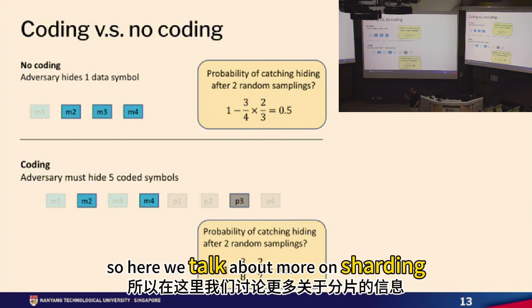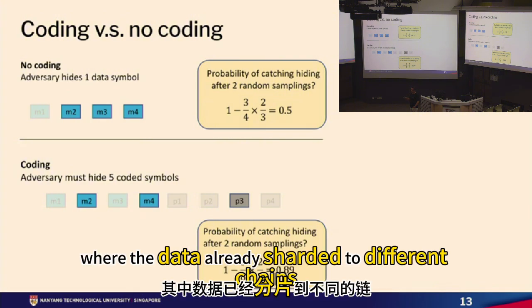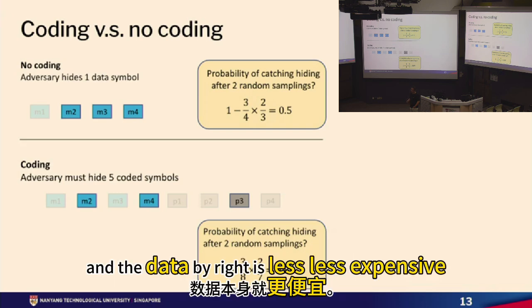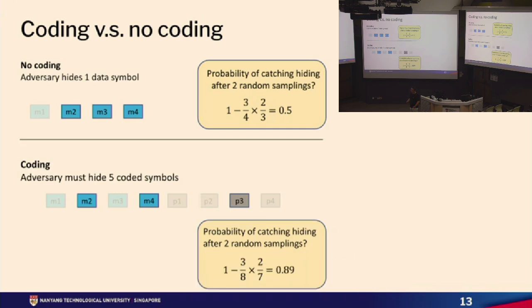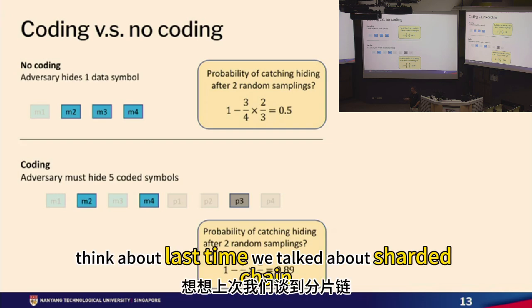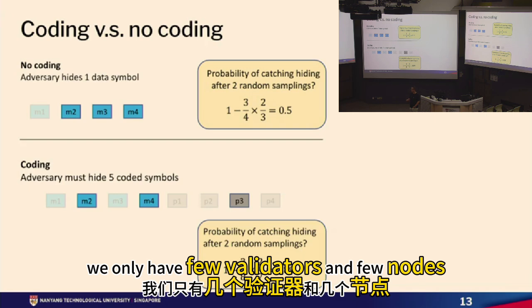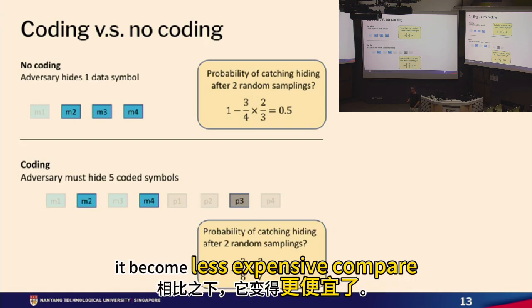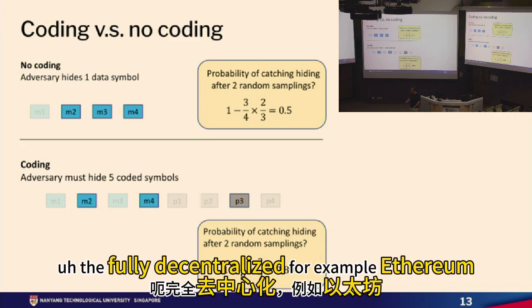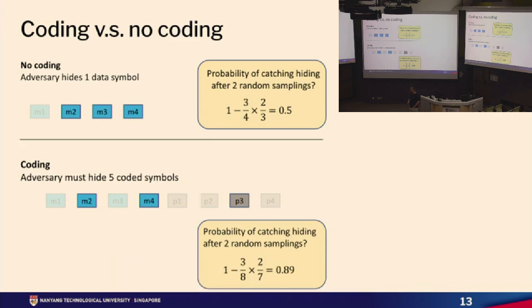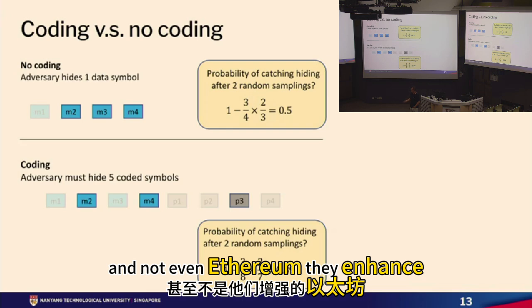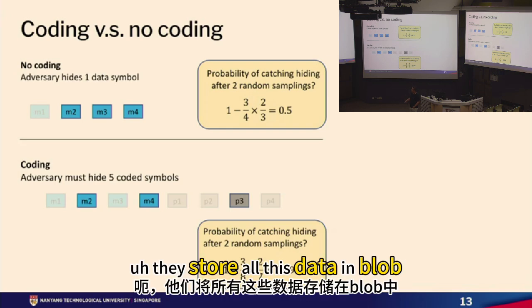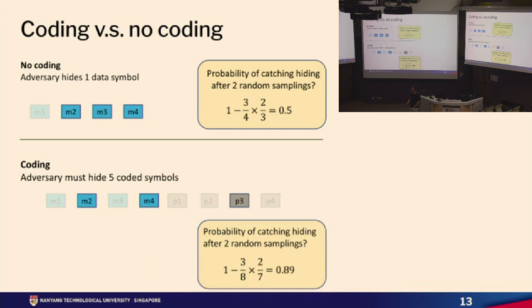So here we talk more about sharding, where the data is already sharded to different chains, and the data by right is less expensive. Think about last time we talked about sharded chains. We only have a few validators and a few nodes to store all this data. It becomes less expensive compared to the fully decentralized, for example, Ethereum. And even Ethereum, they store all this data in blobs, and it's actually cheaper now.